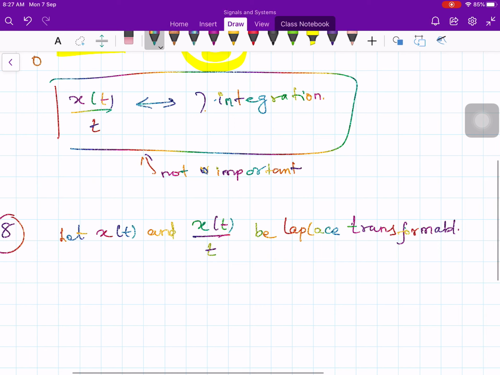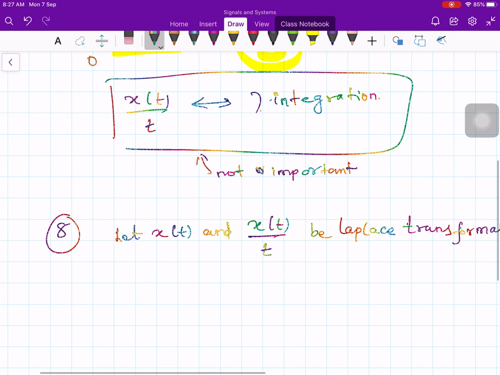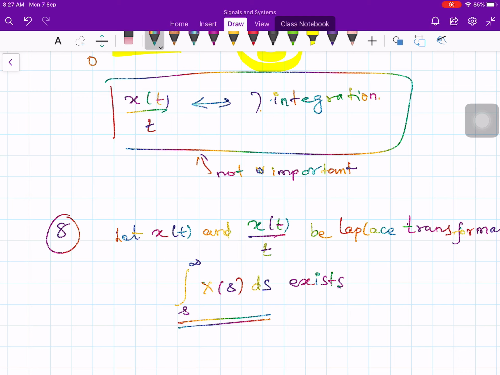Then the integral from s to infinity of x of s times ds exists. So that means you are doing the integration in the s domain.